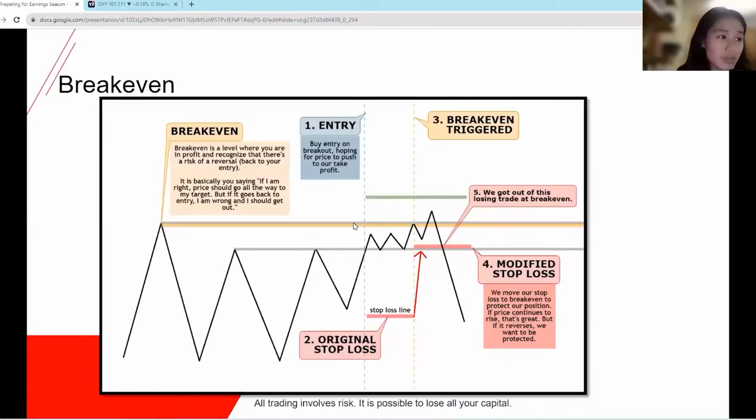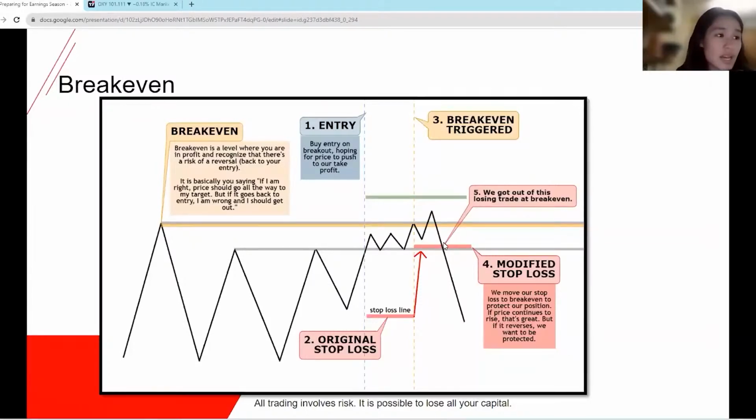And it's our break even because we see price reverse back down. So we panic and put our stop loss, which originally is here, over here instead, because it reversed over here. Then it reversed off, it hit back up, and we think maybe there's a possibility that price is going to hit our take profit here, but it doesn't.